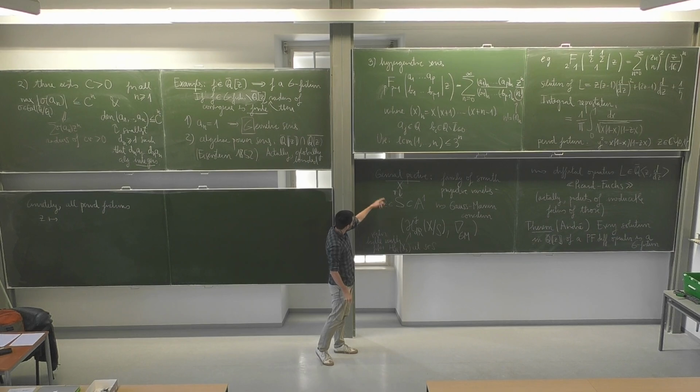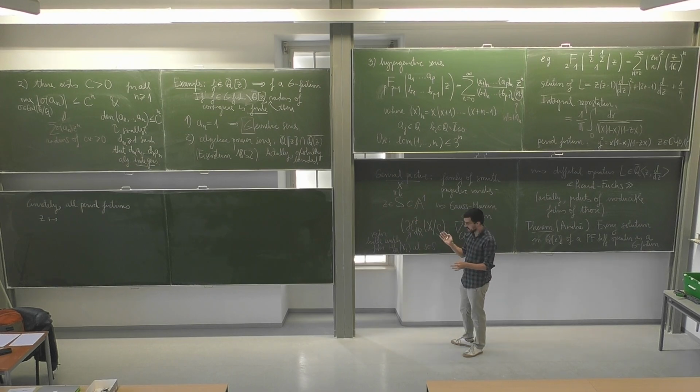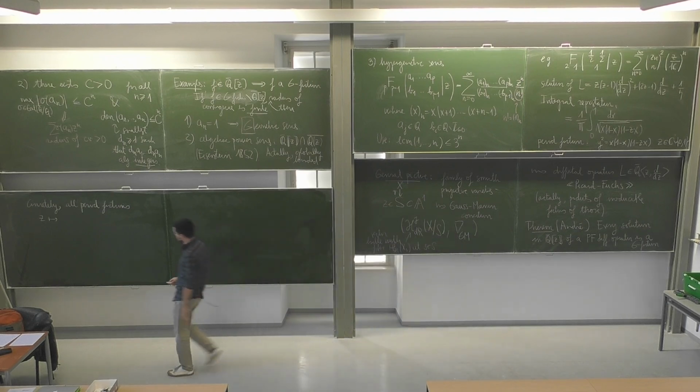Let's say 0 is a smooth point to simplify a little bit. So you look at the neighborhood of 0, and then you consider a section of this vector bundle. It means a family of differential forms indexed by the parameter. And locally around this point, you have cycles to integrate that are constant. So this gives some functions of the shape integral of omega z on sigma. And the statement more or less means that this is a G function.